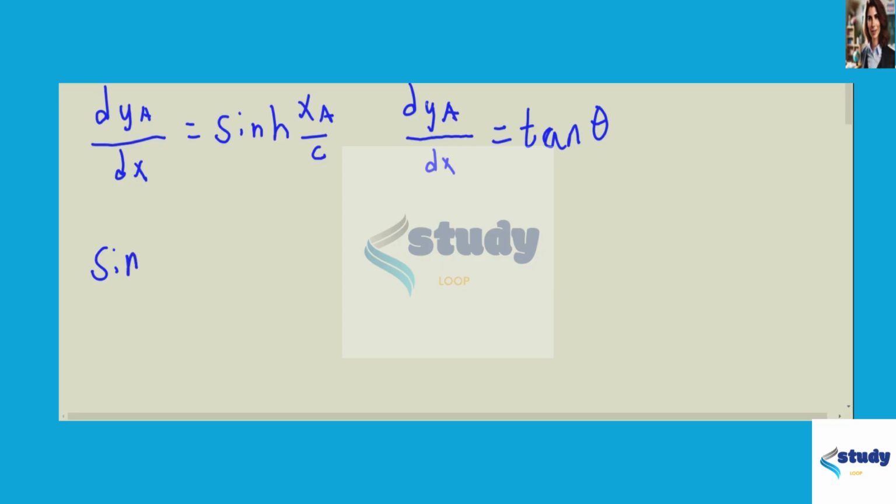So we write down this first expression and then set it equal to the second expression. And then we can take this equation and solve for x of a. So x of a is equal to c times the inverse hyperbolic sine of the tangent of theta.